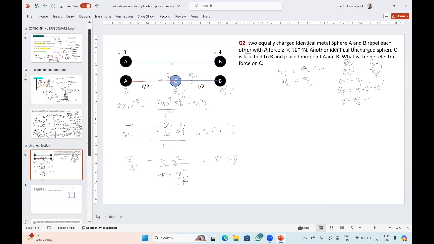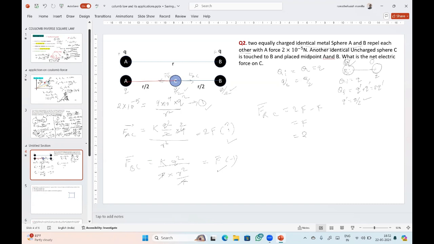Now the resultant force on C by these two. This is the force on C by A, this is the force on C by B, so the resultant force on C by A and B is equal to 2F minus F, that is equal to F newtons.